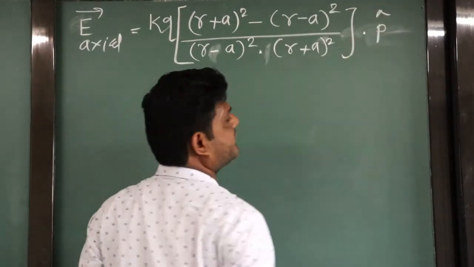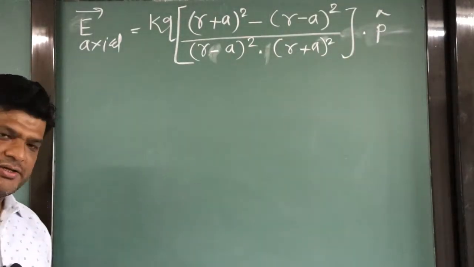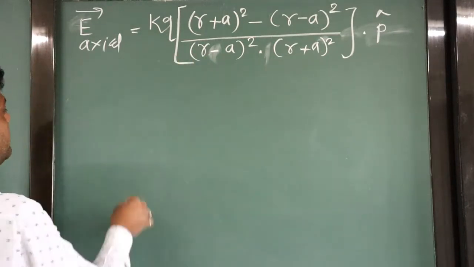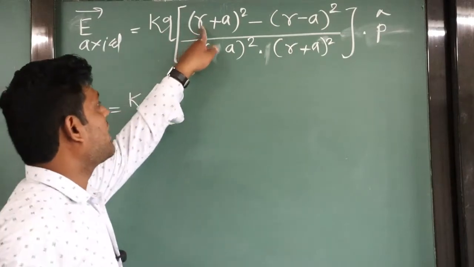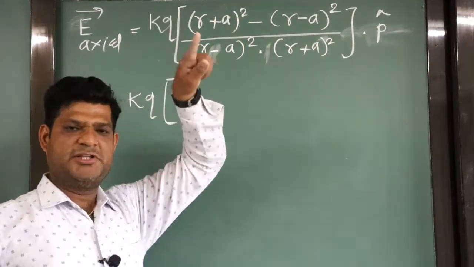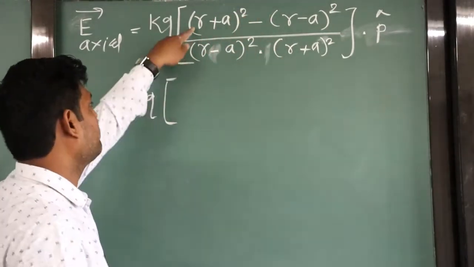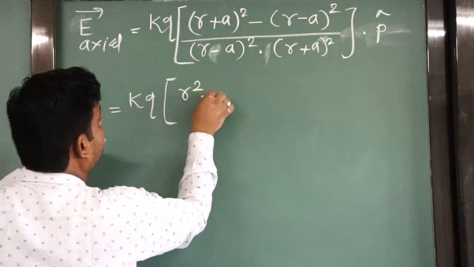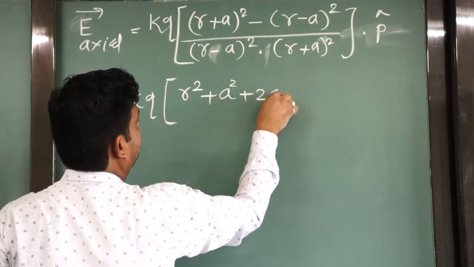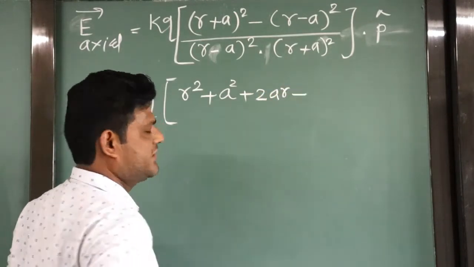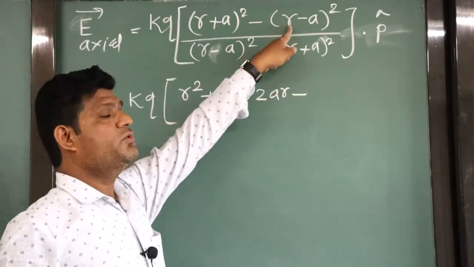p cap, right? See, by applying the formulas, kq remains as it is. Instead of (r plus a) bracket square, meaning (a plus b) bracket square, we know that we can write over here r square plus a square plus twice ar, right, minus what we will do over here.